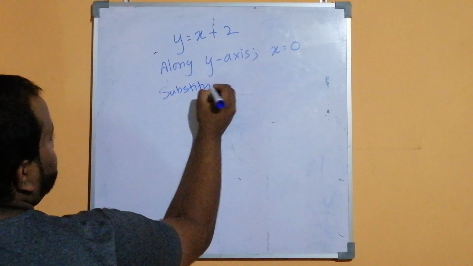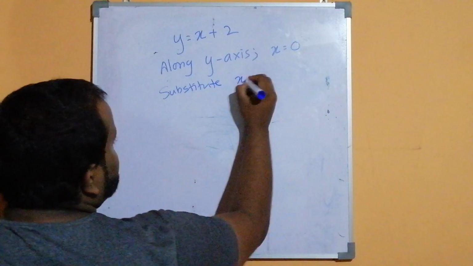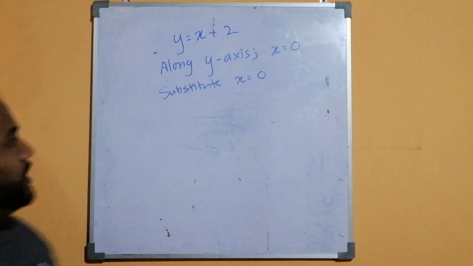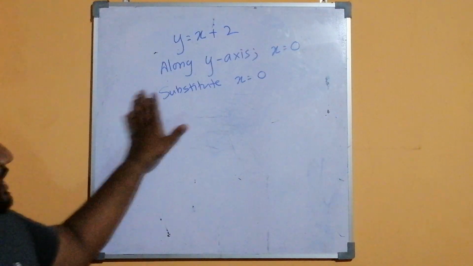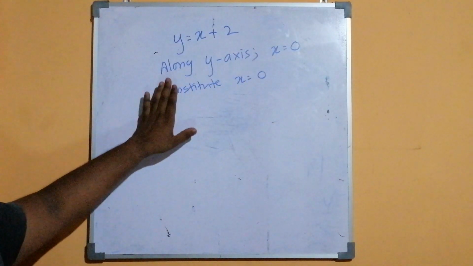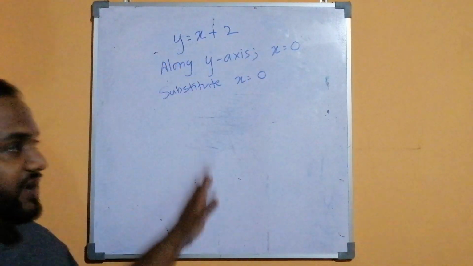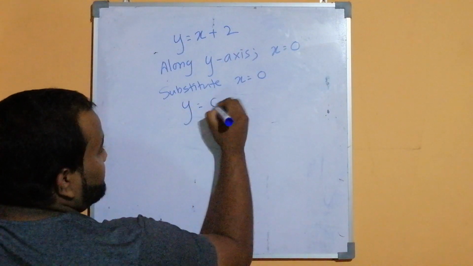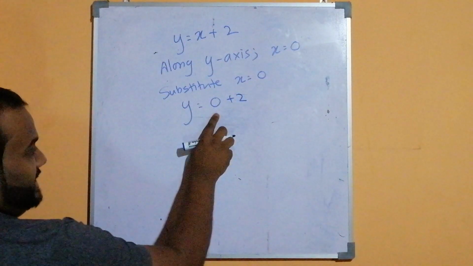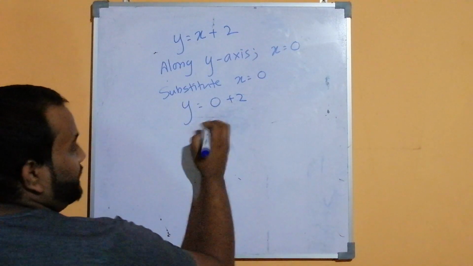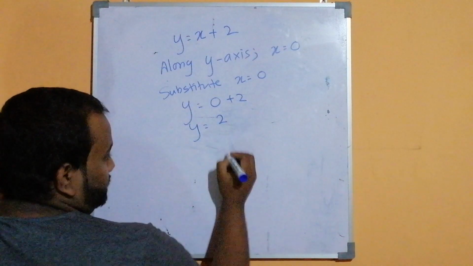Substitute x equals 0. Now for the equation y equals x plus 2, we are substituting 0 for x, because our objective is to find the coordinate where the graph cuts the y-axis. y equals 0 plus 2. You see that instead of x, I have put 0. y is equal to 2.